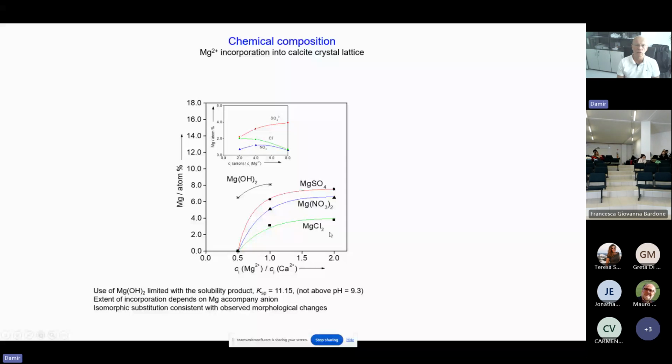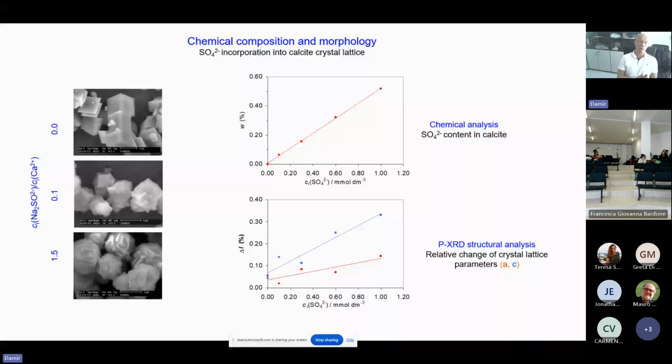So in order to additionally influence the precipitation of calcium carbonate, particularly calcite, and also specifically the morphology, we introduce additional sulfite in the form of sodium sulfite.